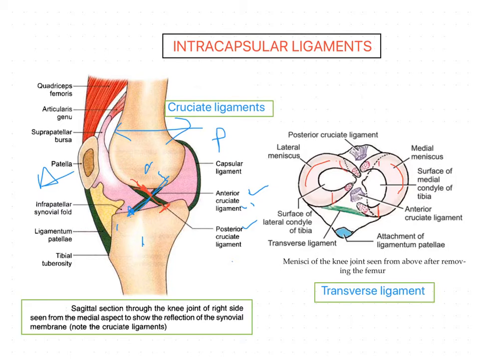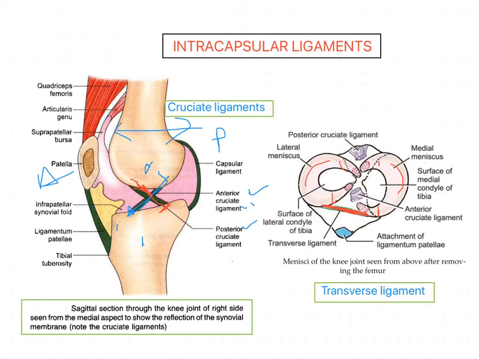If we see the transverse ligament, it lies within the capsule. It connects the anterior ends of the medial and lateral semilunar cartilages. This is about the transverse ligament.